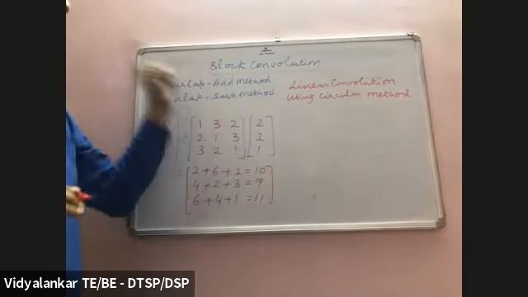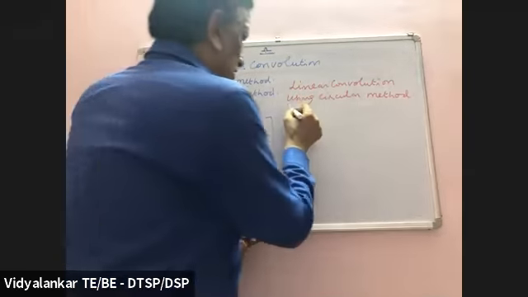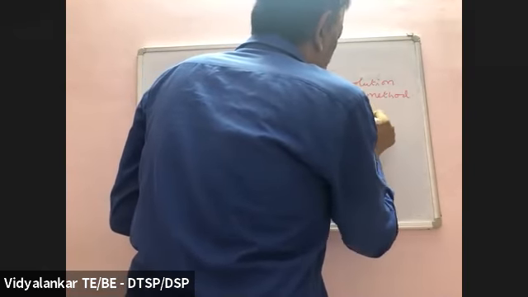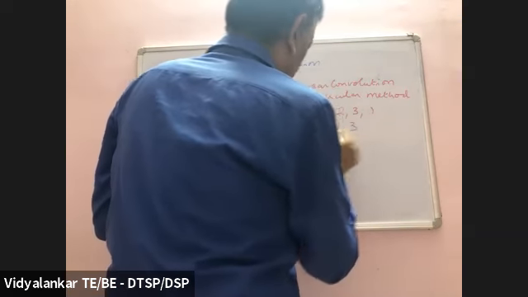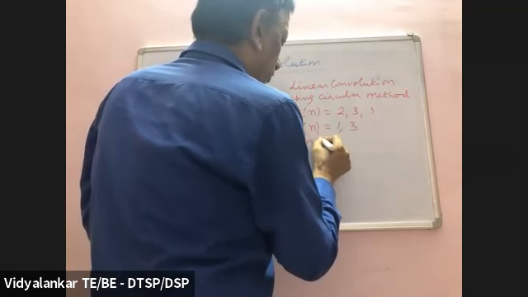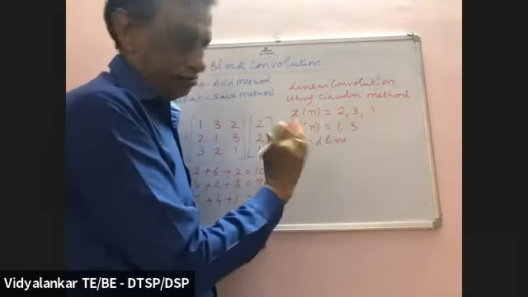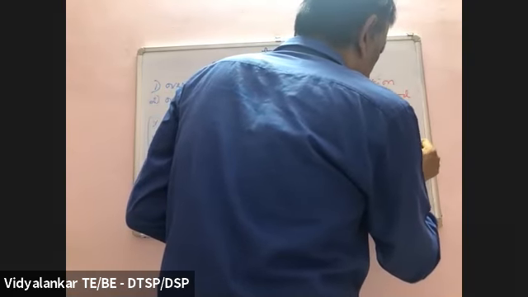Because this is the only method we will apply in the overlap add and overlap save blocks. Here x of n is 2, 3, 1 and h of n is 1, 3. Find the linear convolution, because these are not periodic sequences. They are not repeating. Find linear convolution using circular convolution.